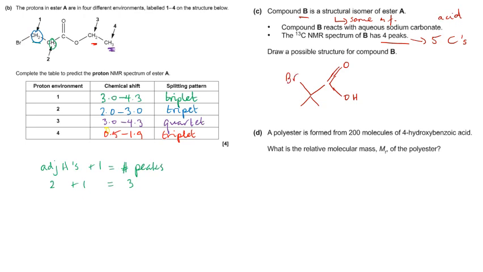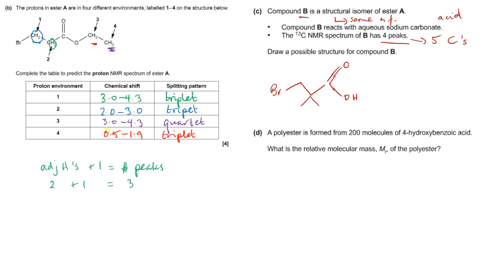So we've got 1, 2, 3, it's not going to work, so let's put another carbon on, put the bromine on there. So we've got 1, 2, 3, 4, 5 carbons, 2 of which are in the same environment. That's the 2 methyl groups hanging off carbon number 2. And we've got the same molecular formula, so I think that works.